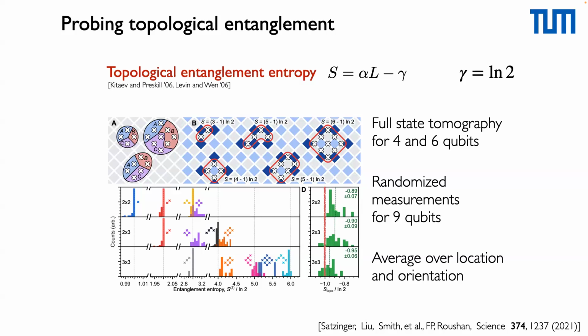In both cases, measuring the entropies is still exponentially hard, but for small enough subsystems this can be done in practice. And the upshot is that the measured topological entanglement entropy, which we get from adding and subtracting different subregions, is close to log 2 as expected.